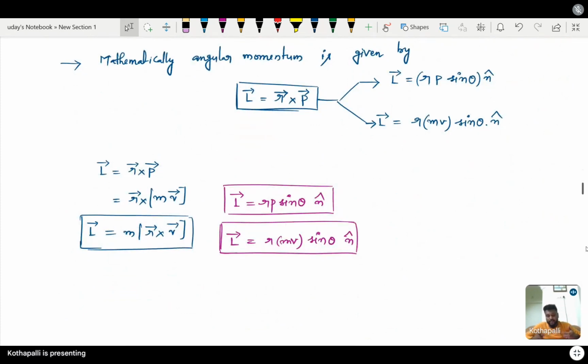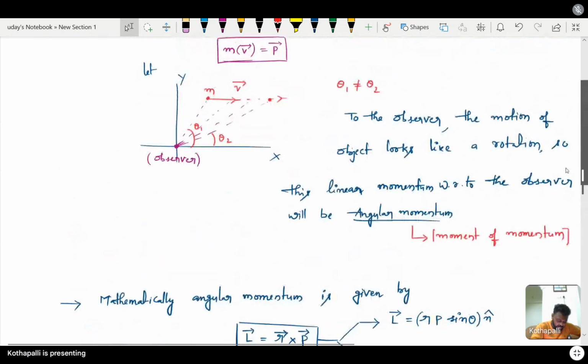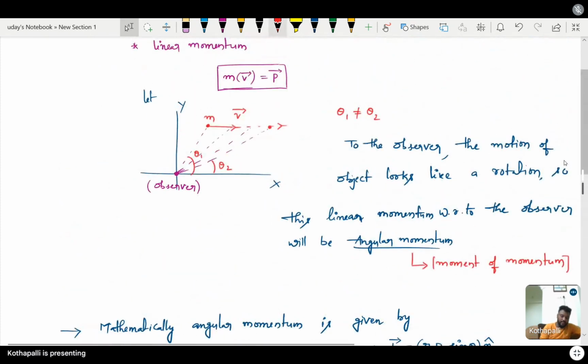It is clearly a cross product of two vectors, then why should we consider only R cross P? Why not P cross R? For that also we have a reason. Let us discuss the direction first. Generally in rotational mechanics, remember this.